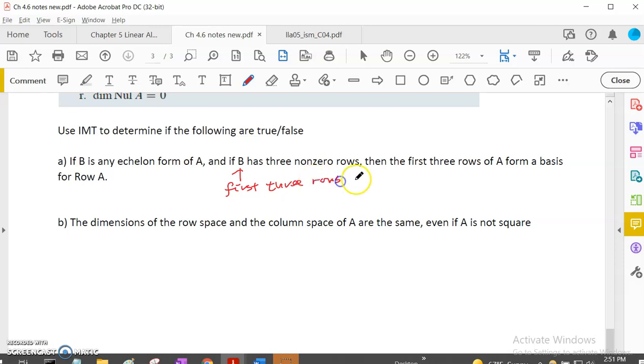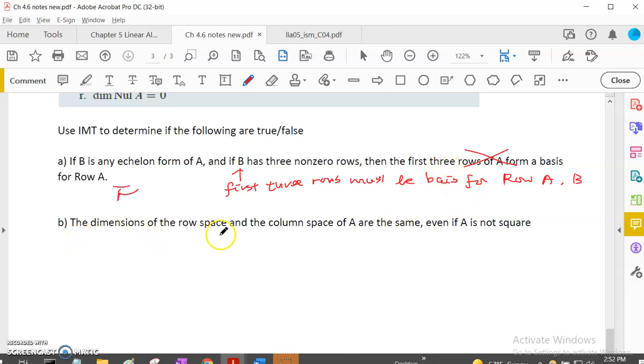These first 3 rows must be a basis for row A and also row B. But it is not the first 3 rows of A, so the statement is false. They come from B. You do not pick them from A because the rows of A may not be independent. We usually don't use that.